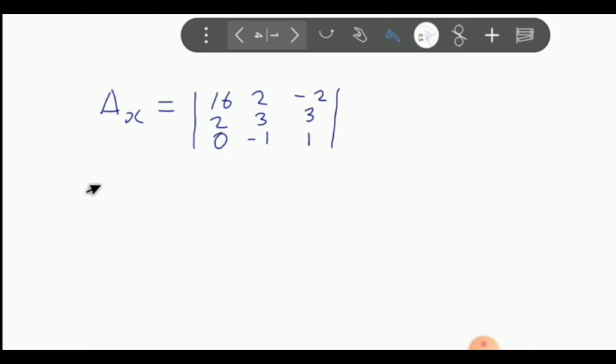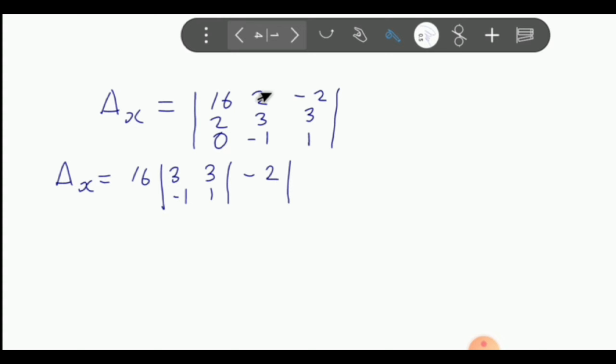So delta x will be equal to 16. I'll pick out 16, short brackets. I erase this row, erase this column. So here will be 3, 3, minus 1, 1. Close it down. Then here will be minus 2. Put my line down.